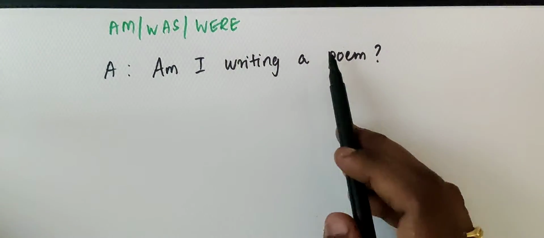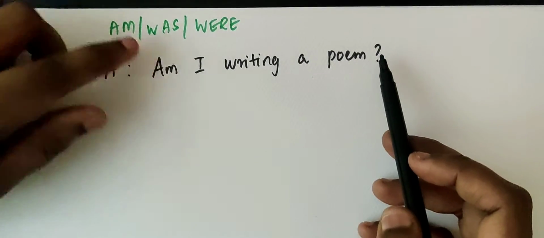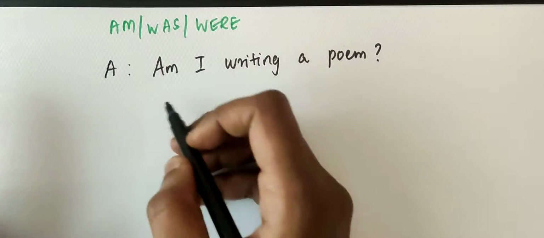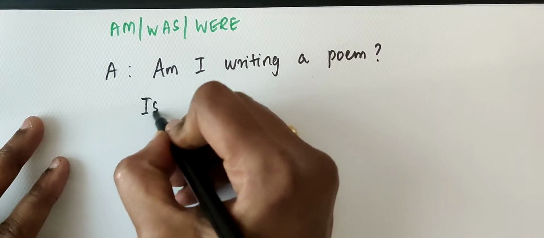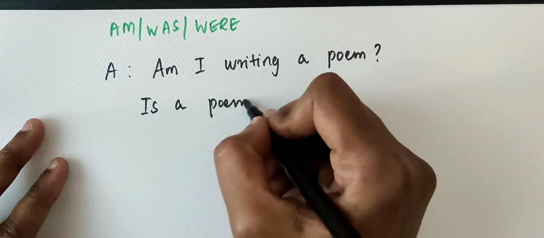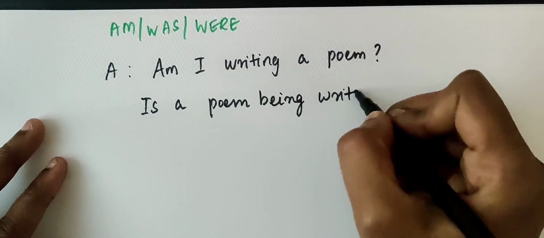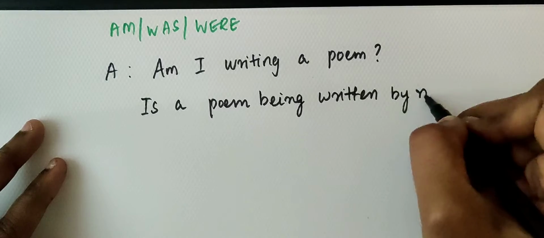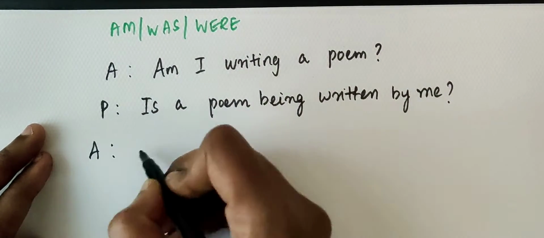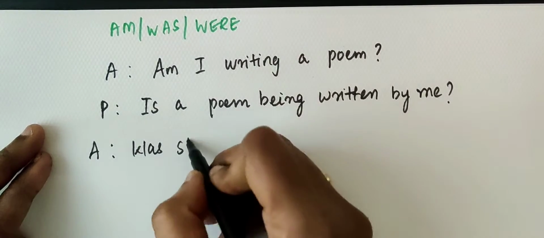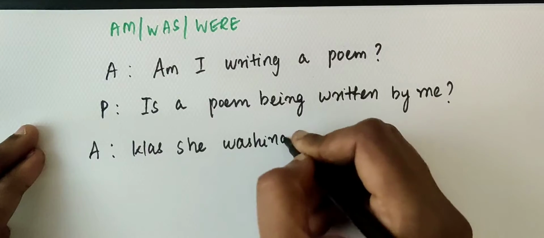When you convert this to passive, it is: a poem is being written by me. So when you swap the verb and the object, it is: is a poem being written by me? Next example is: was she washing clothes?